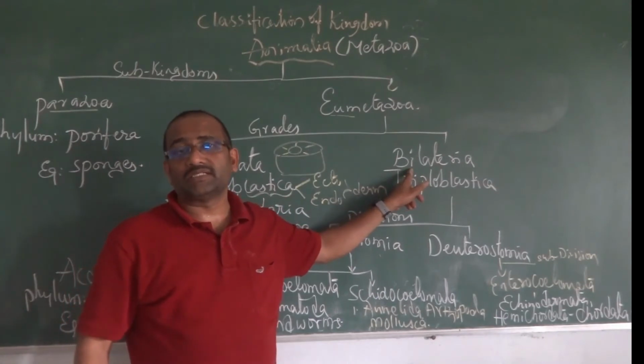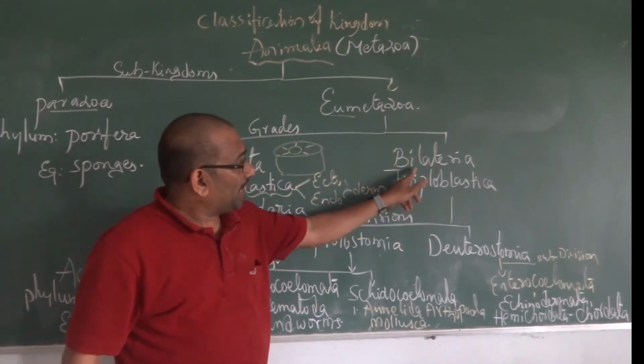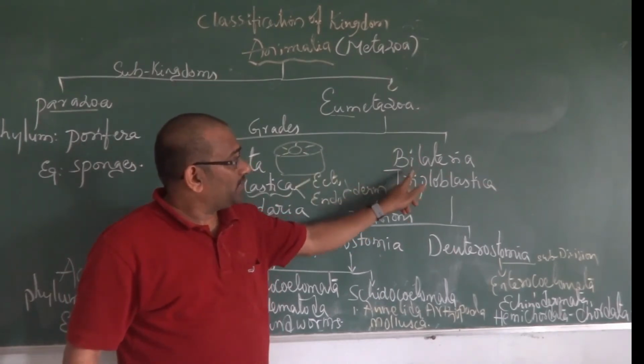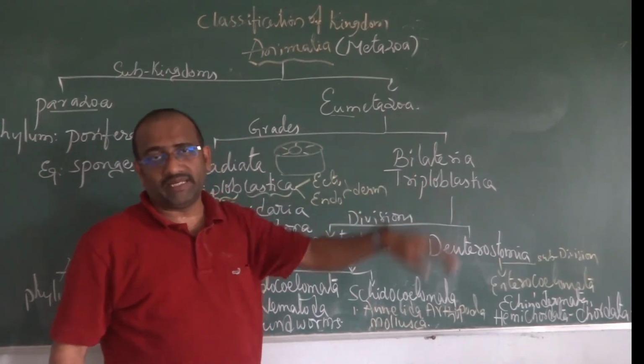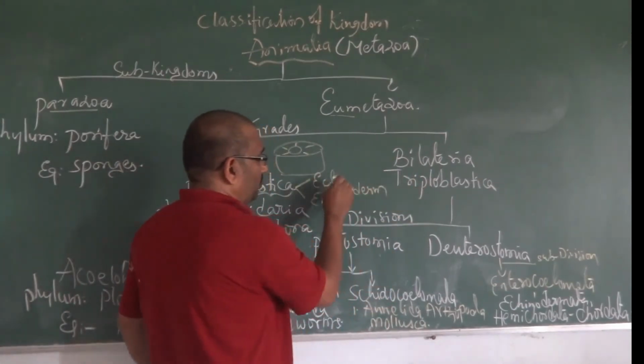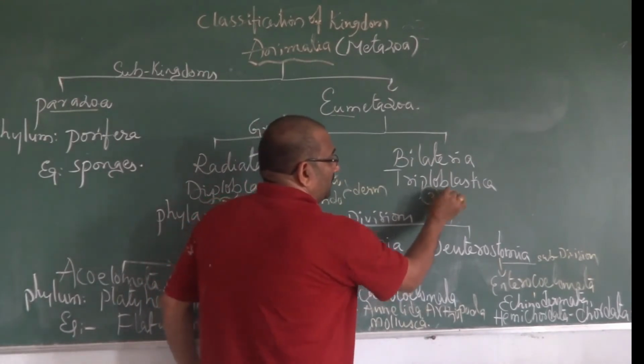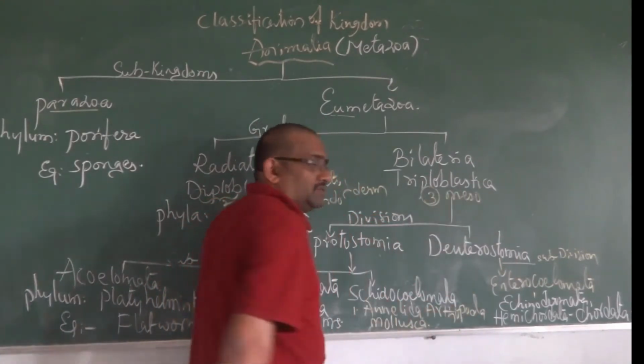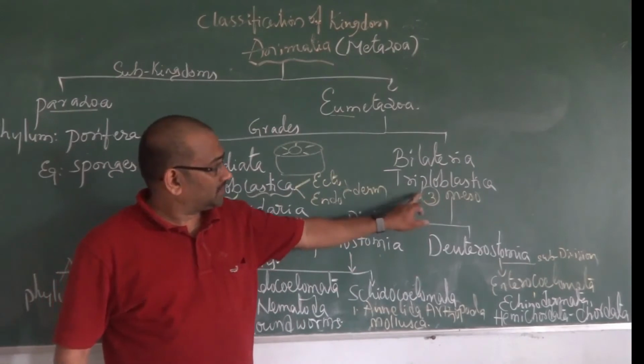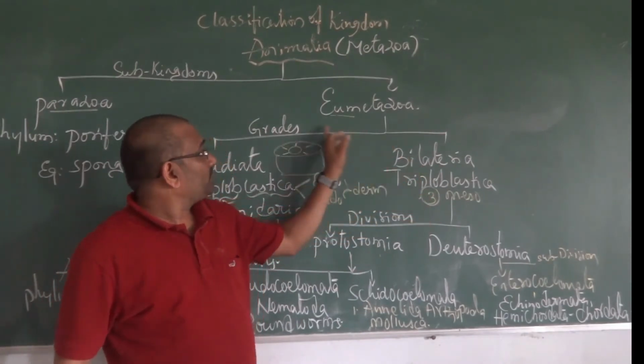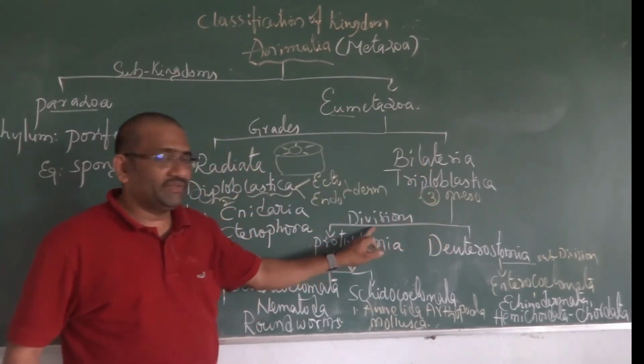That symmetry is known as bilateral symmetry, and all bilaterally symmetrical animals are triploblastic, which means that along with the ecto and endoderm, the third layer, mesoderm, is also present.